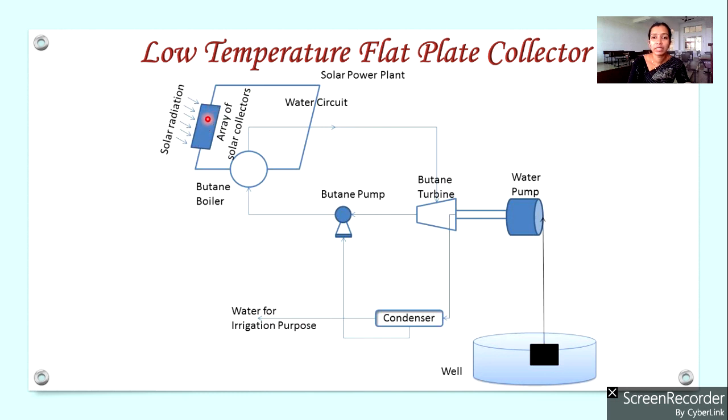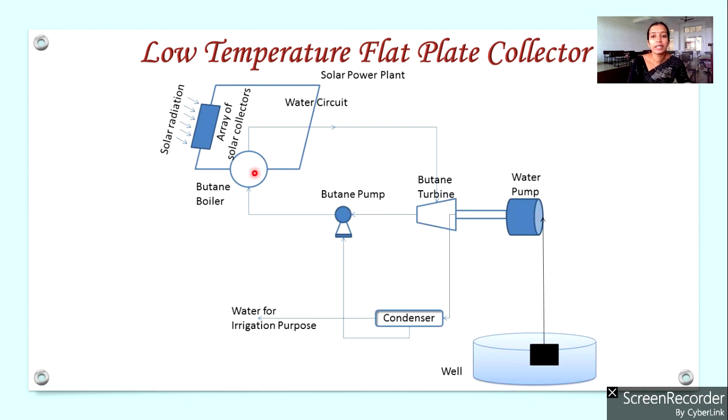So when the absorber is getting heated, the heat transfer fluid, that is usually water in the tube, also gets heated. That hot water is then taken out and it is fed to the butane boiler. This boiler is also known as heat exchanger, where this hot water exchanges its heat with butane.